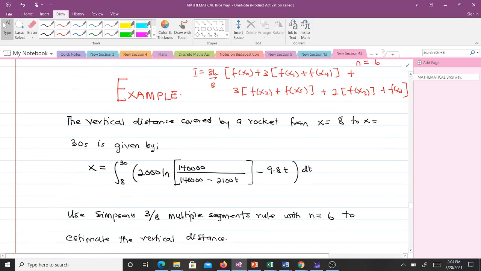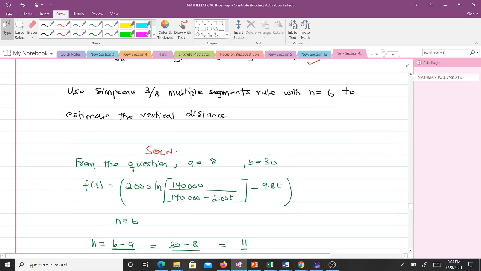It says the vertical distance covered by a rocket from t equals a to t equals 30 seconds is given by what you can see here. It says use Simpson's 3/8 multiple segment rule with n equals 6 to estimate the vertical distance. Okay, so from the question, the upper limit b is 30, and the lower limit a is 8, and we have f of t to be this, right?